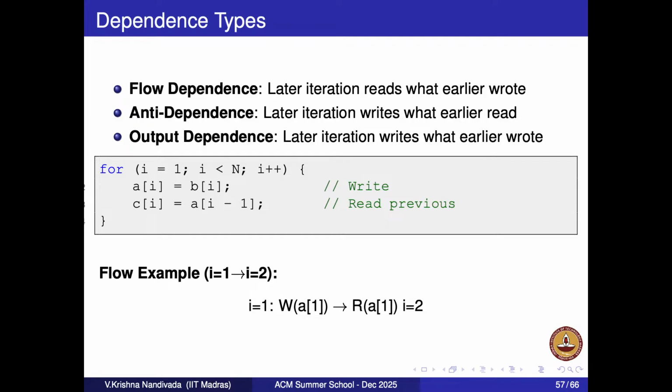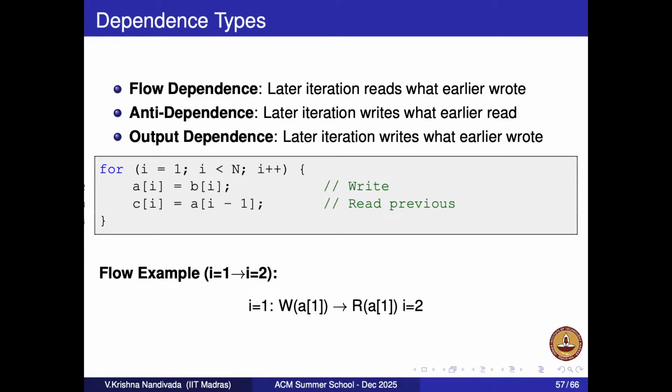There are three types of dependencies that we normally talk about. You write, and in a statement after that, you read. We will call it read after write. In architecture, you would have studied this. Read after write, RAW dependency.